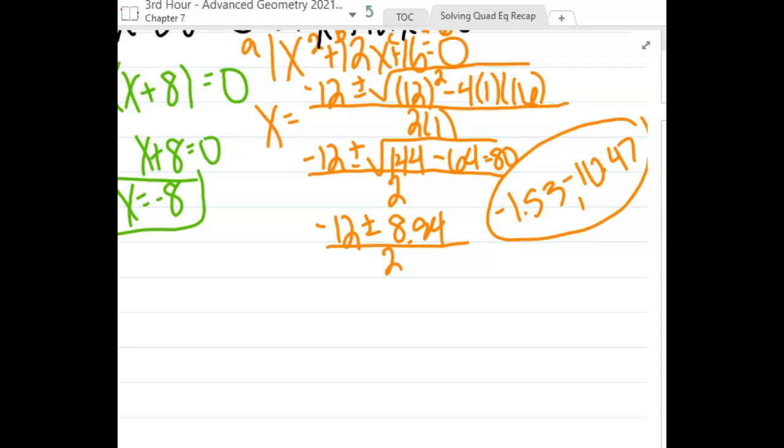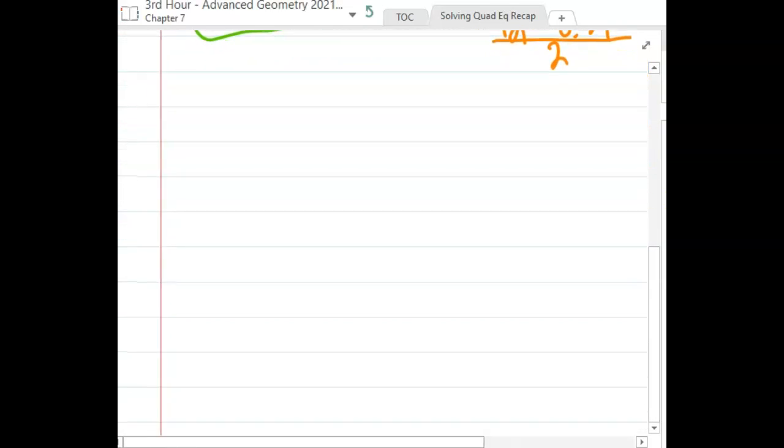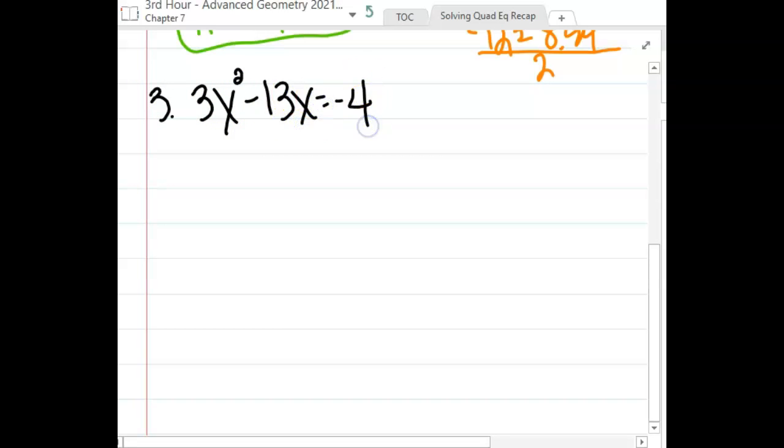So it's nice to check if you can factor, but sometimes it just doesn't work. Okay, let's try 3x squared minus 13x equals negative 4.